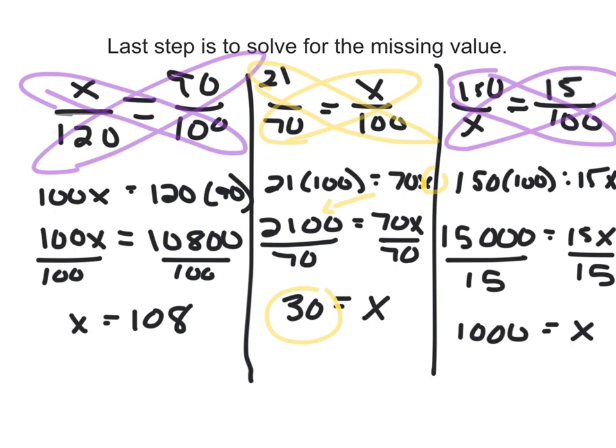So if we think about what this means, 150 is 15% of a number. So as we're going through, we think about this idea of estimating. 15%, could I split 150 into thirds?